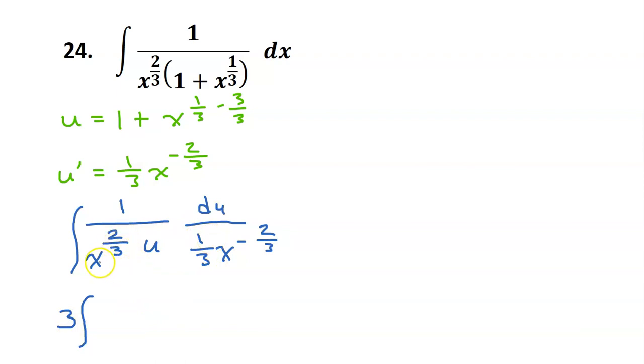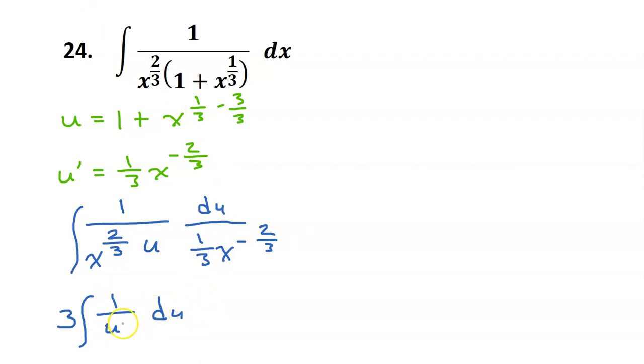So focus on x to the 2/3 power times x to the negative 2/3 power. When you multiply variables, you add the exponents. But these exponents cancel each other out. So the x is gone. So now we just have 1 over u du.